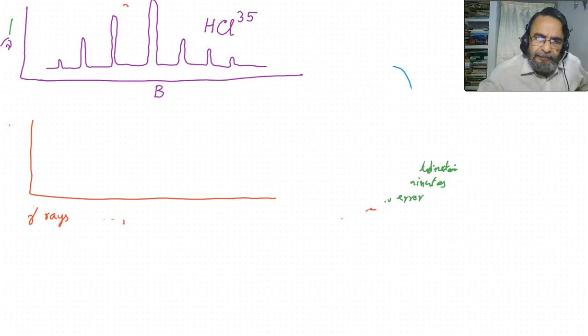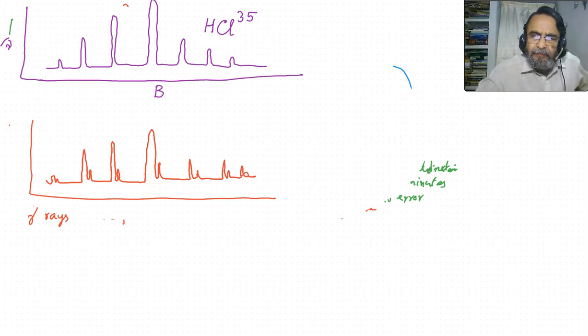Something on the side. There is a splitting on the side. And this splitting is due to the presence of HCl37.